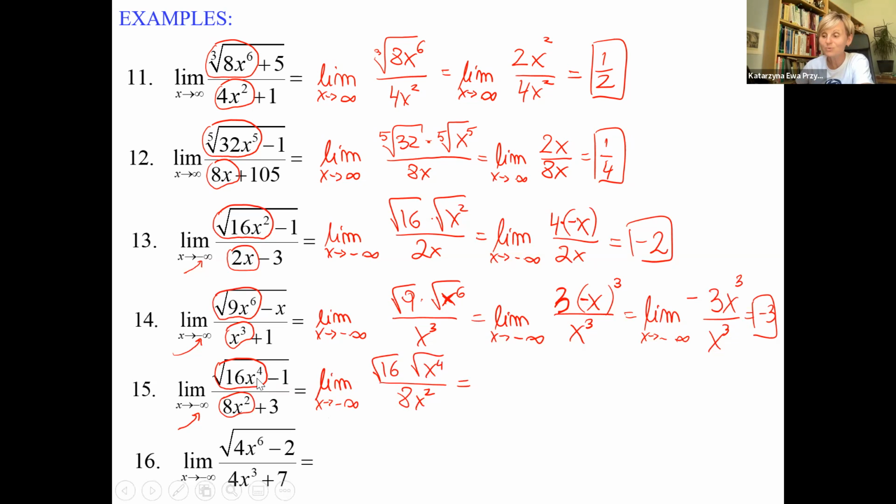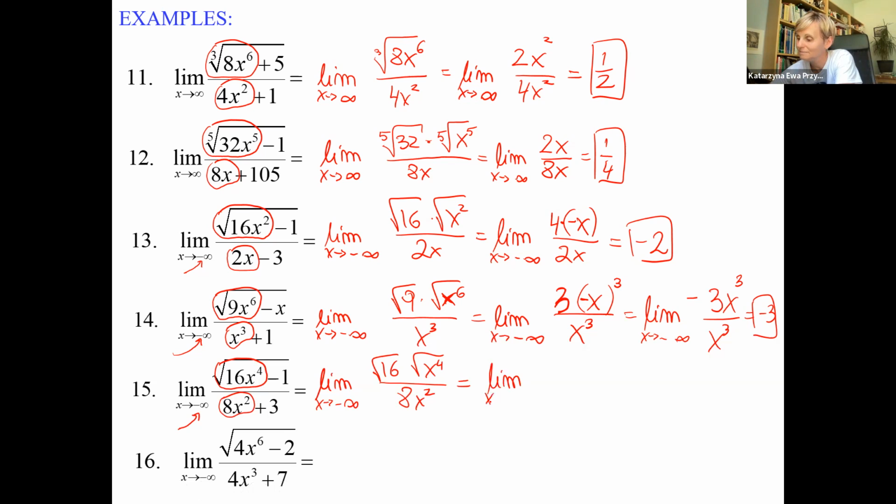We have x to the power of 4 and x to the power of 2. All the powers are even, and x is approaching -infinity. I believe the final answer, whatever the ratio of the coefficients, must be positive, because these even powers make the answer positive. But let's see how we can get this.